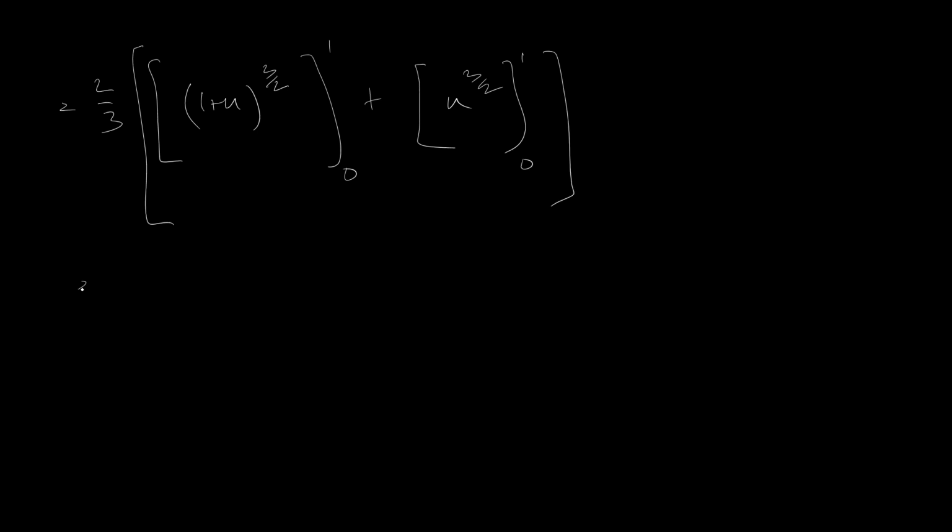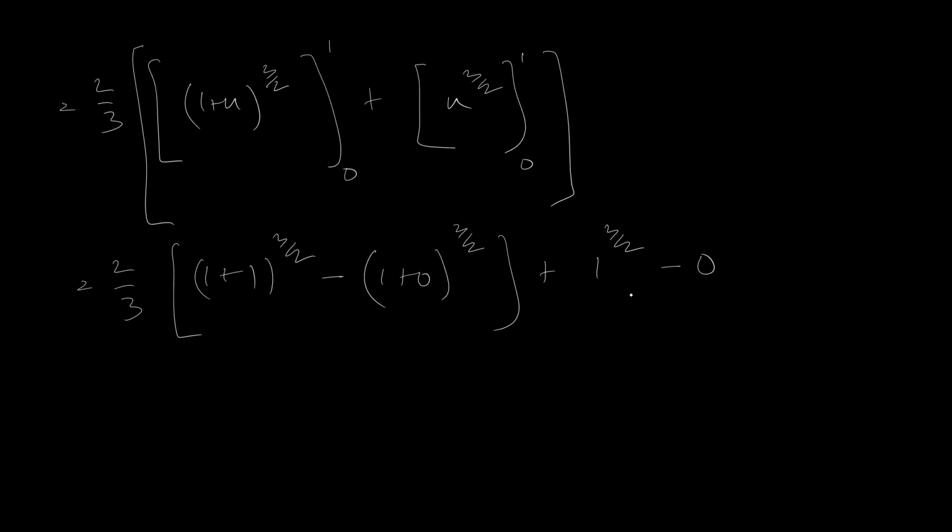Bracket close. So this is 2 by 3 times, 1 plus 1 to the whole power 3 by 2 minus 1 plus 0 to the whole power 3 by 2, plus 1 to the power 3 by 2 minus 0.